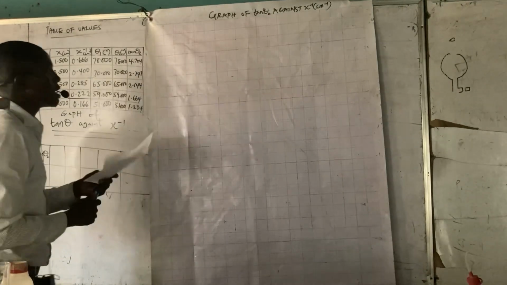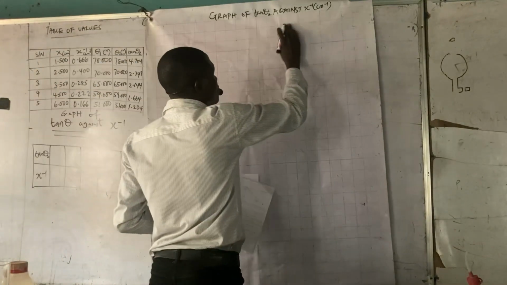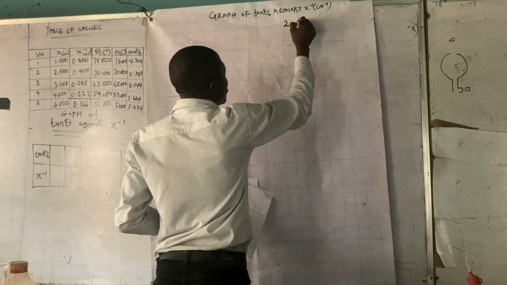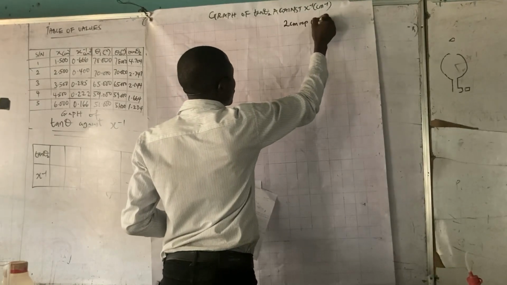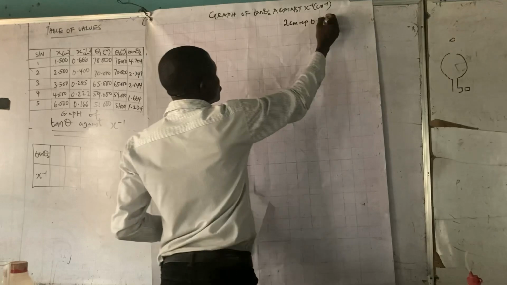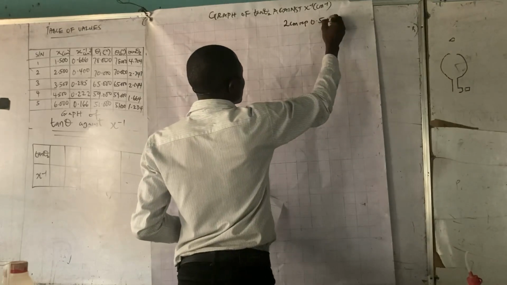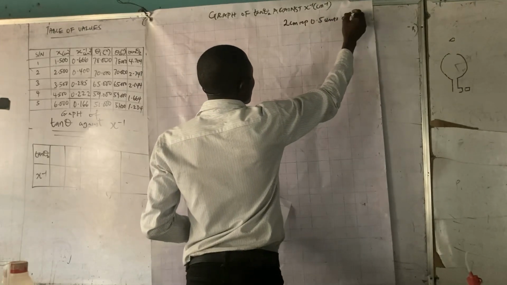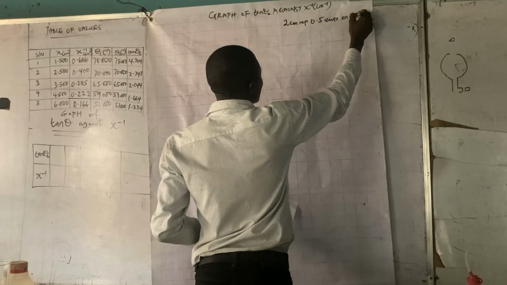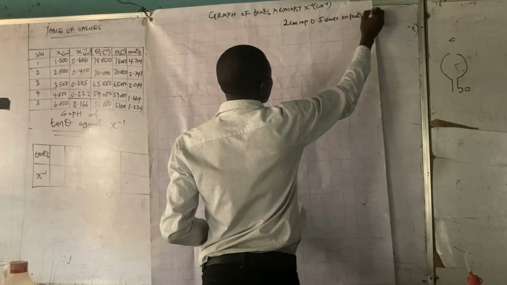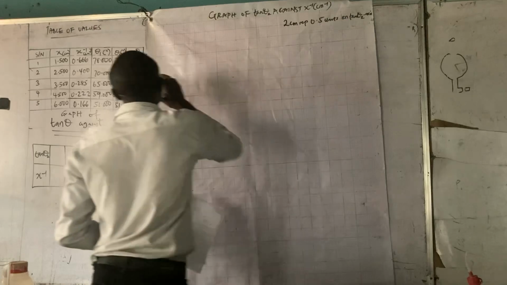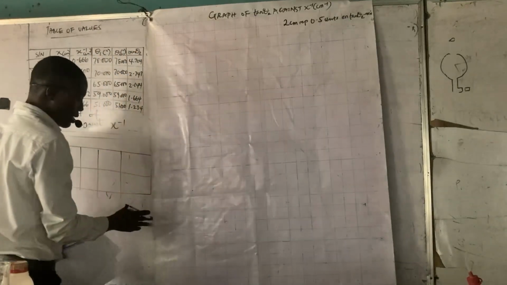That is, 2 centimeters represent 0.5 units on the tan 2 theta axis. Because we are going to 5, we can easily get to 5.